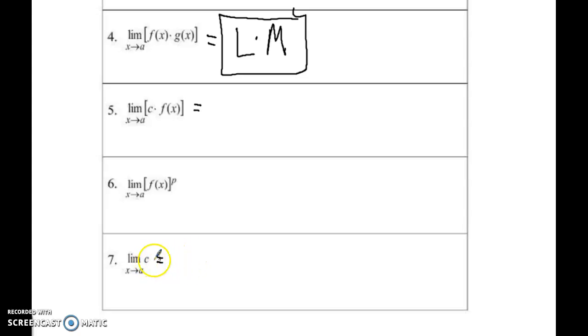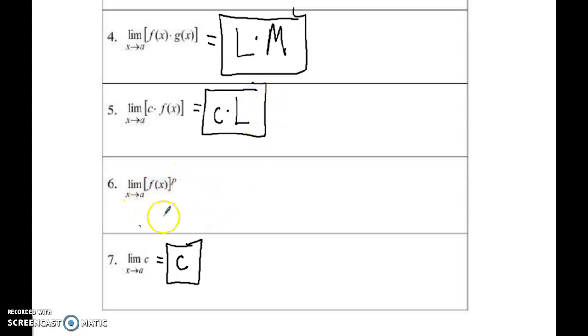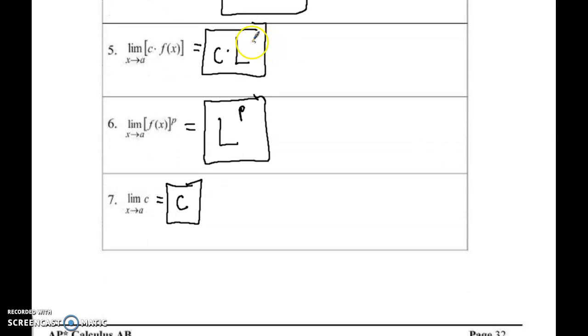Well, there's no x value to plug in, so the limit as x approaches a of any constant is just going to be the constant value, which might actually explain number 5 a little bit better, that it's going to be c times L, just like that. And same thing with this one, where all you have to do is find the first limit and then take it to the p power. And these are going to be useful for you as we move forward.